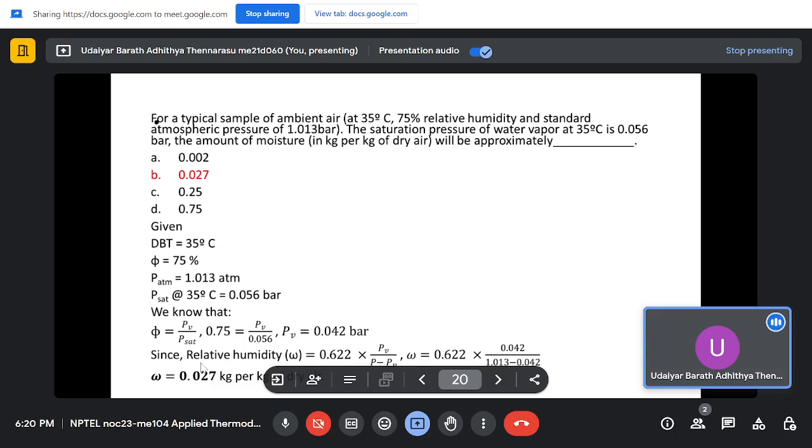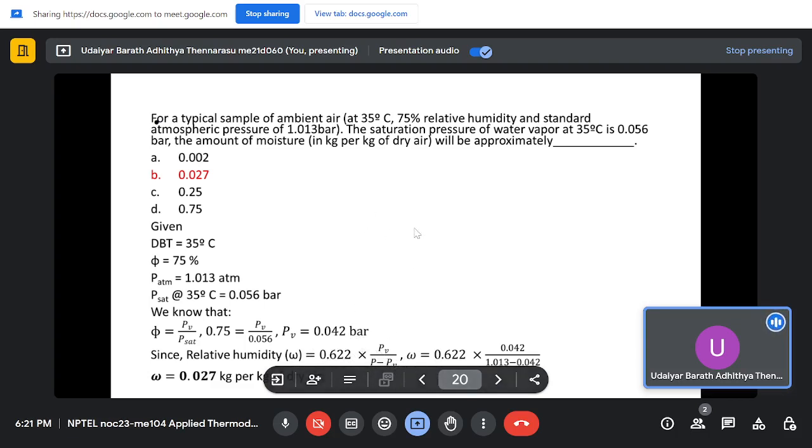Now we can calculate specific humidity. Specific humidity omega equals 0.622 into PV by P minus PV. So omega is nothing but mv by ma, or mass of vapor by mass of dry air.